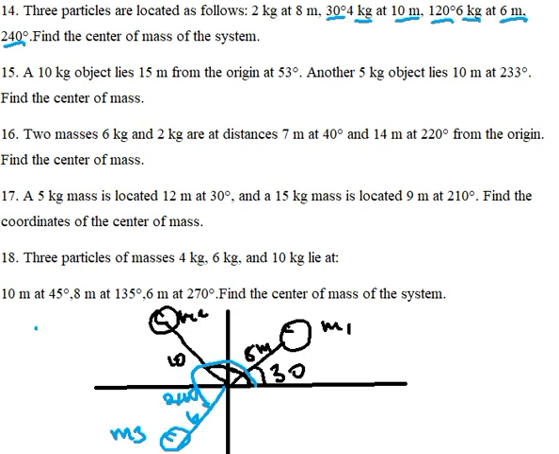Of course, if you wish, you can resolve using this angle, which is 270 minus 240, that is 30 degrees. So you can use this angle to resolve. So keep that in mind.